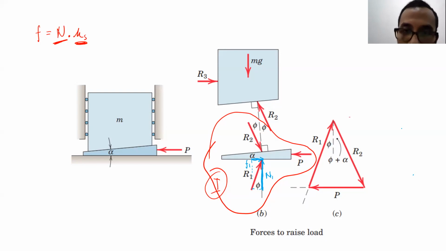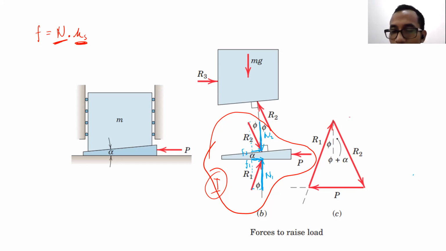Then normal force 2, this one, and then friction force 2. If you sum both together, what you will get will be the R2.